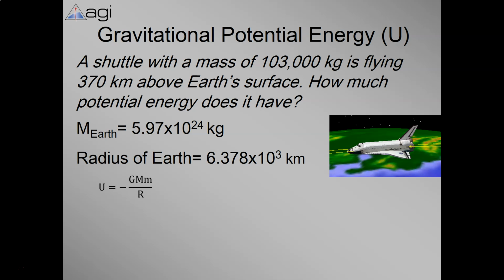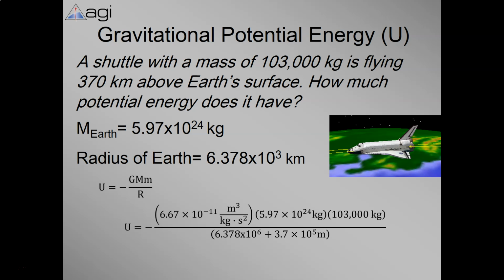Let's plug in the equation. When we plug these numbers in, this is what we get. Gravitational constant, 6.67 times 10 to the negative 11 meters cubed over kilogram second squared. This is a known value.